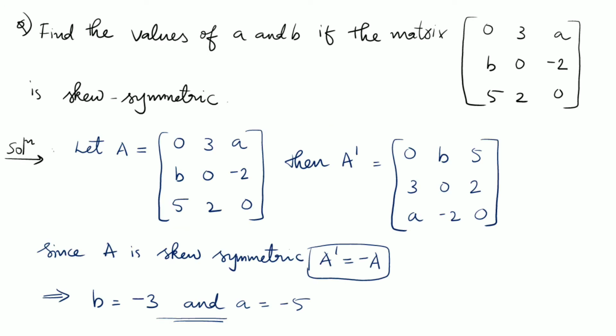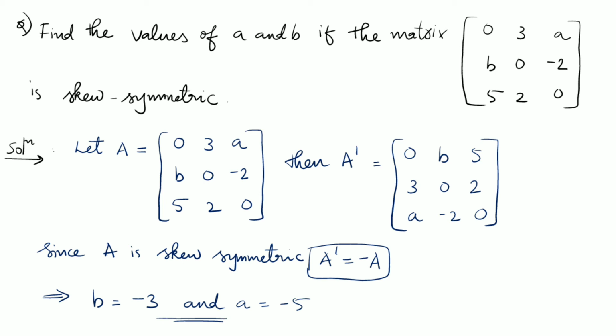And the next question you are having, find the values of A and B. In this question, you have to find what is the value of A and B. And the matrix is given 0, 3, A, B, 0, minus 2, 5, 2 and 0 is skew symmetric.